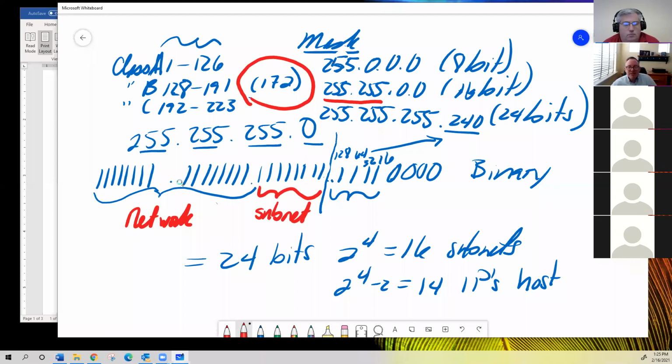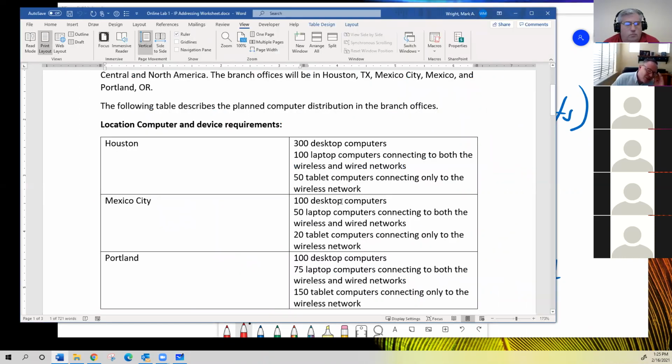And that subnet can go not just in the third octet, but extends all the way to here. And then right here is the nodes. That determines how many IP addresses per subnet. Okay, so that's what we're doing with this worksheet here. We are trying to determine how many IP addresses we need.